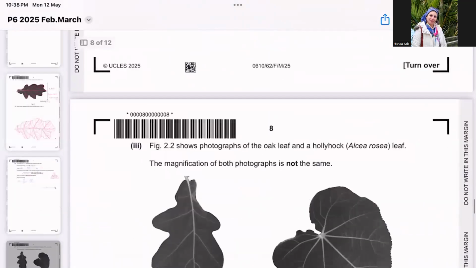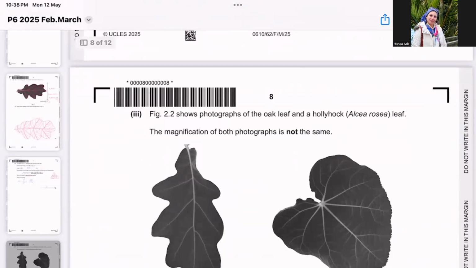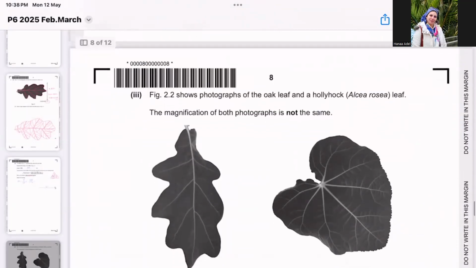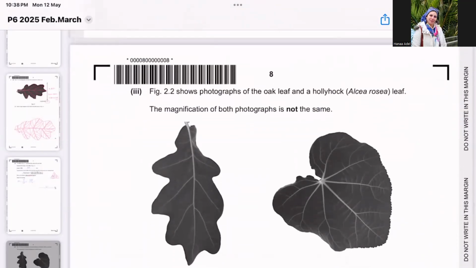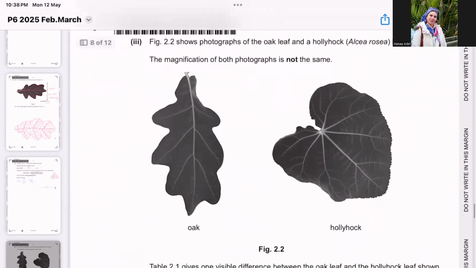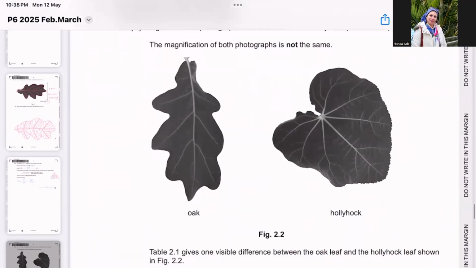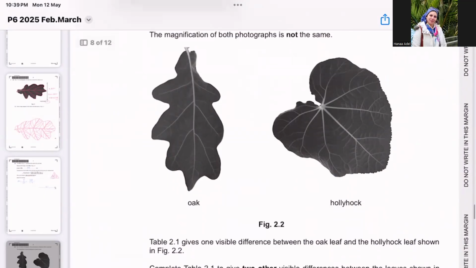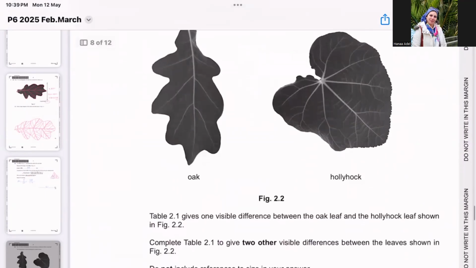Next question, this figure shows a photograph of an oak leaf and a hollyhock leaf, and the magnification of both is not the same, okay? So give a visible difference between the oak leaf and the hollyhock leaf shown in the figure. Complete the table to give two other visible differences between the leaves shown in the figure. Don't include reference to the size.